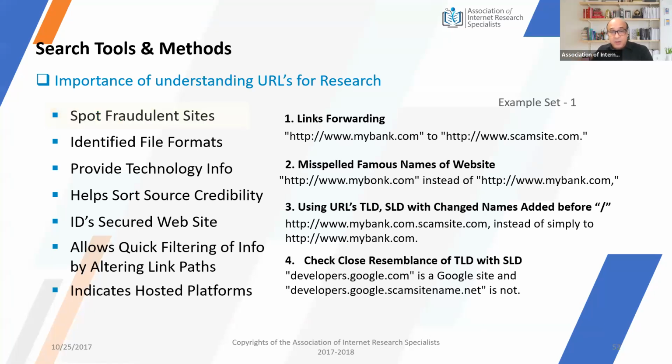It is a genuine domain, whereas a scammer might get a domain name like developers.google.scamsitename.net, and so on and so forth. So it is also the domain part, or the first leg, what comes after the two slashes, that you need to be careful about in order to recognize it as coming from the genuine owner of the website.